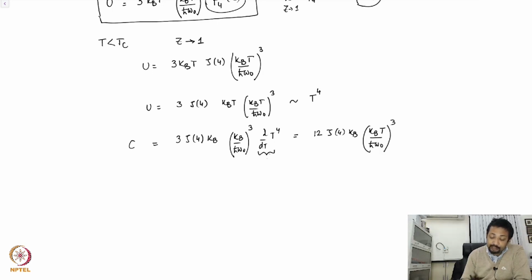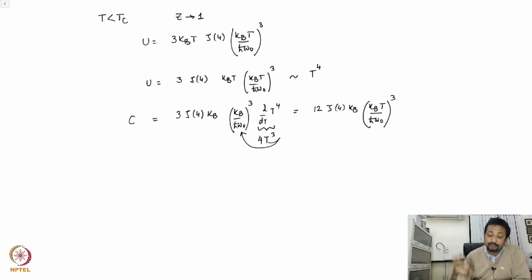So this derivative brings in a factor 4 times T cube, and this T cube I reabsorb in the bracket to recast my equation for specific heat in this way.